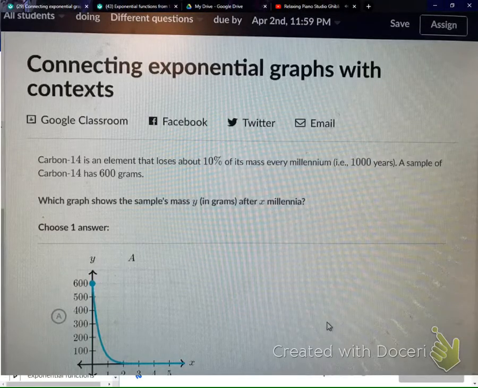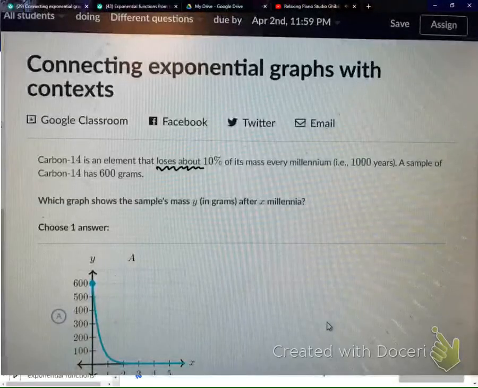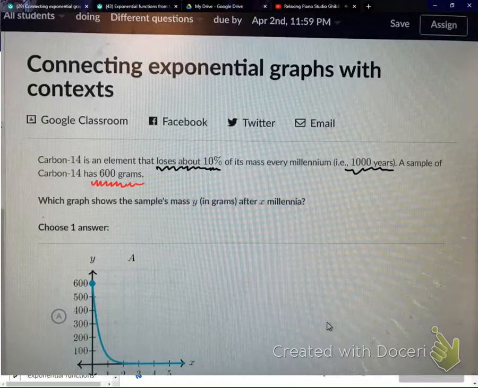My second problem is talking about carbon-14. It's actually a pretty common real-life example that shows up in a lot of problems. It says here that carbon-14 loses about 10% of its mass every 1,000 years, and that the sample we're starting with in this problem has 600 grams.